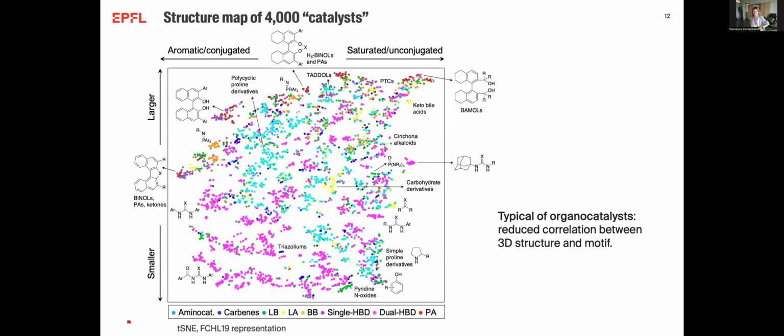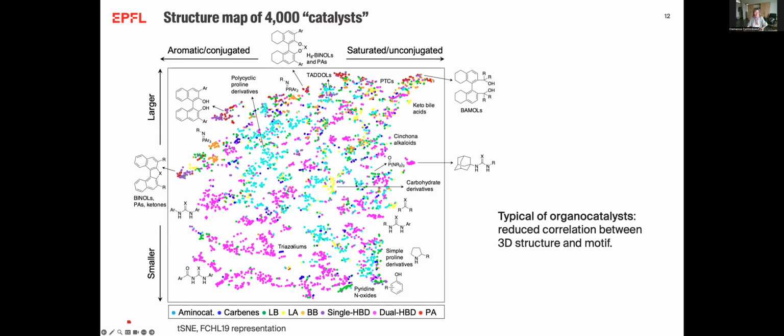And as you see, and it's very typical of organocatalysts, there is no correlation with the 3D structure. Let me say it in a little bit more precise manner. It's a t-SNE plot, so it's a dimensionality reduction using as an input the 3D structure, or post-processed information based on the 3D structure, that is then mapped and colored by the different functional groups.